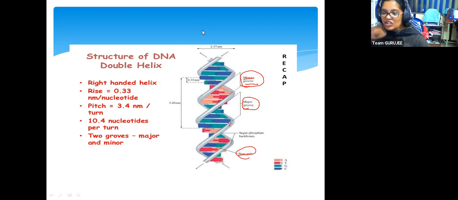For each turn, there will be 10.4 nucleotides, approximately 10 nucleotides for each turn. Then it is made up of two grooves, major and minor grooves. These are the points regarding the structure of DNA.